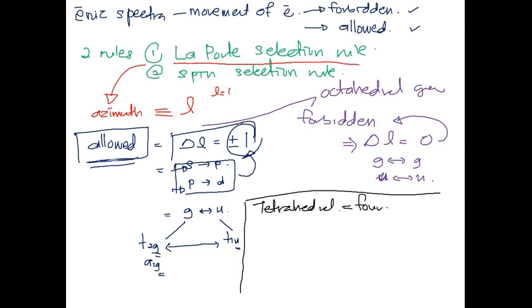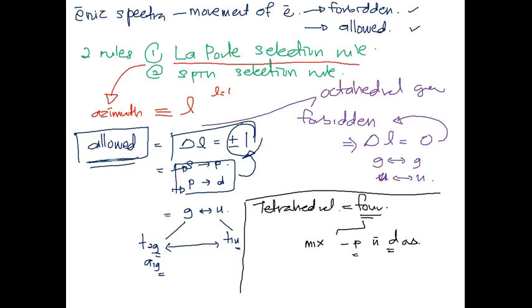These 4 bonds are actually mixing with the P and D orbitals. It is not only P orbital or only D orbital, so it mixes P and D orbitals.